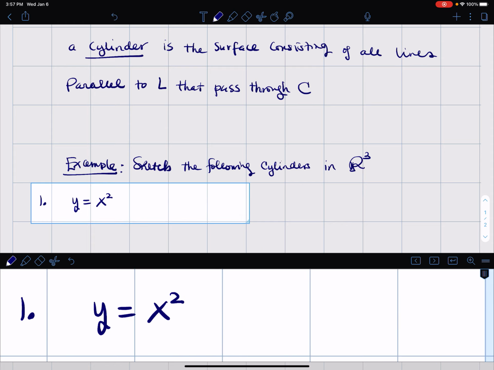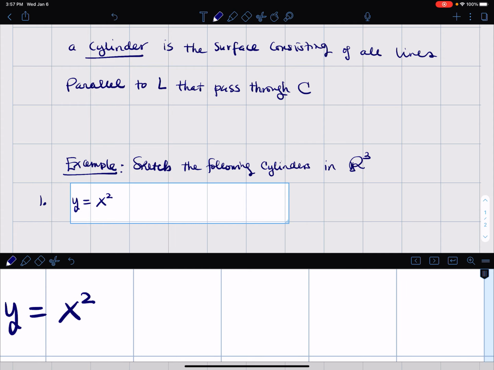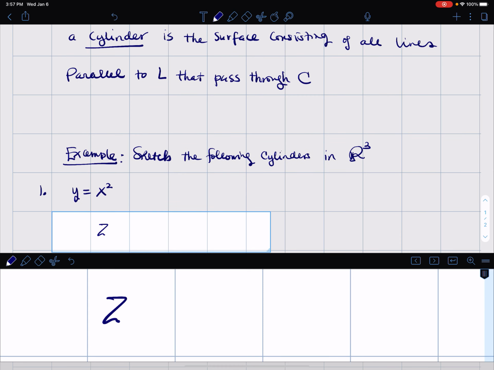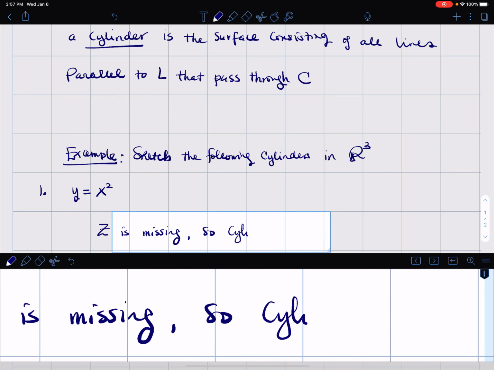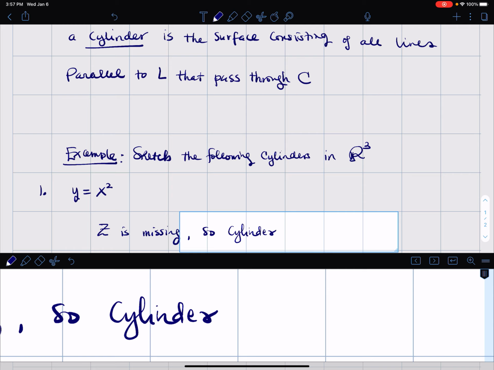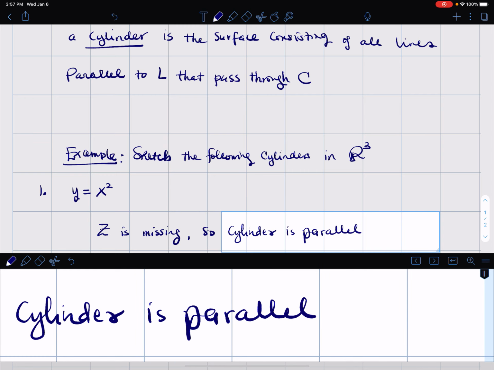If this were in R2, this would just be a parabola, all right? But notice the variable z is missing. So the cylinder must be parallel to the z-axis.